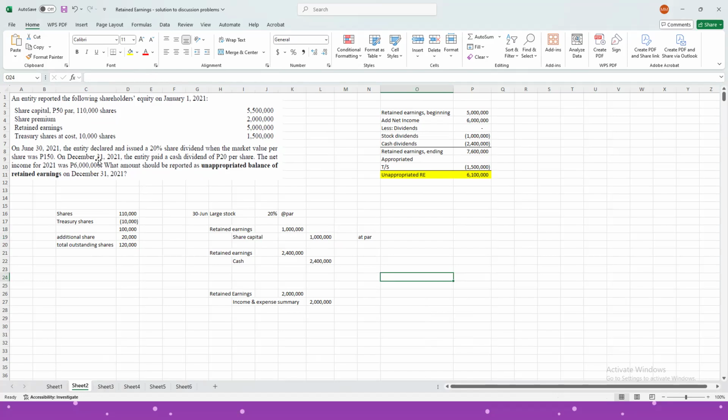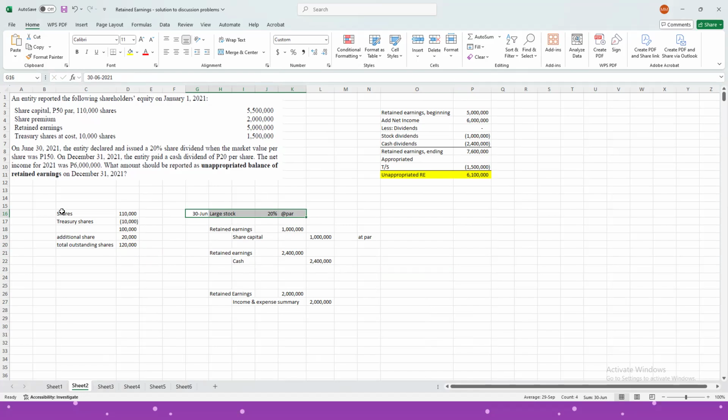Next, on December 31, 2021, the entity paid a cash dividend of 20 per share. So paano yan, class? Saan ang basis? The basis will be the outstanding shares. Remember, nung June 30, nag-declare ka ng 20% stock dividend, so that increased your total outstanding shares. So when the entity declared and paid a cash dividend of 20, the basis would be the total outstanding shares.